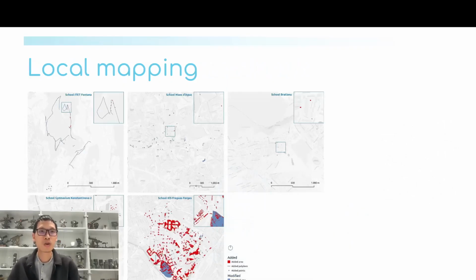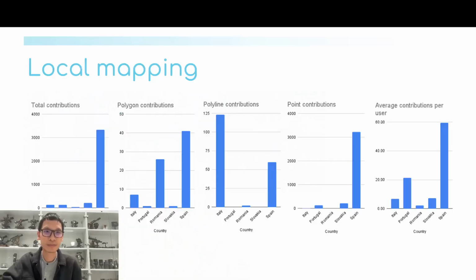In the local mapping phase, each school will select and propose one local mapping project. They will implement and then present with the local authorities. Depending on each theme selected by the schools, we can see the difference between all the contributions of each school.